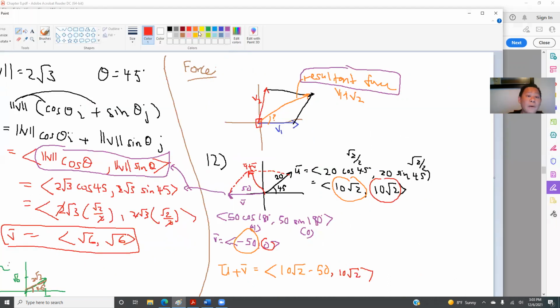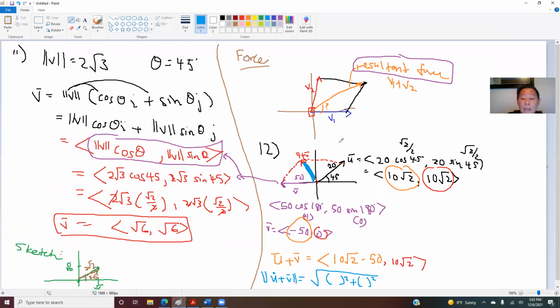Now, if you want to find the magnitude of this sum, you take the first component and square it, and you square the second component. This is more on the calculator side. To find the magnitude of this component form, U plus V, the resulting form, you square the first component, square the second component, add them, and take the square root.